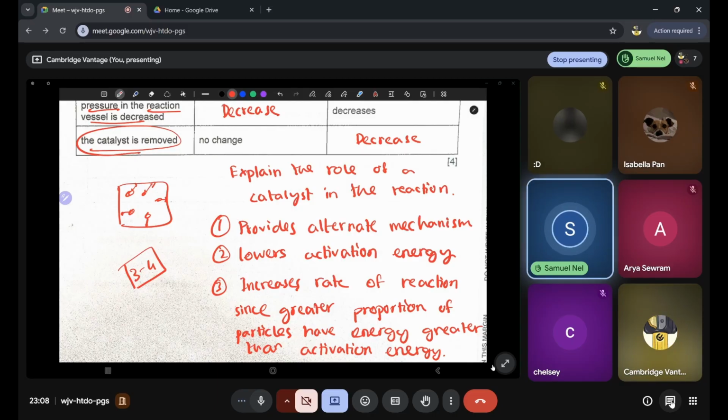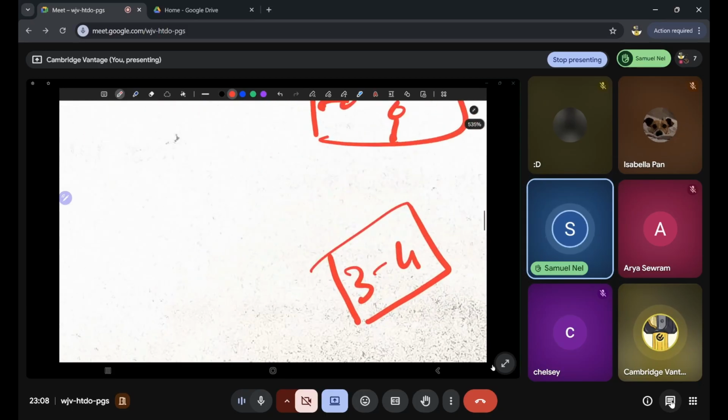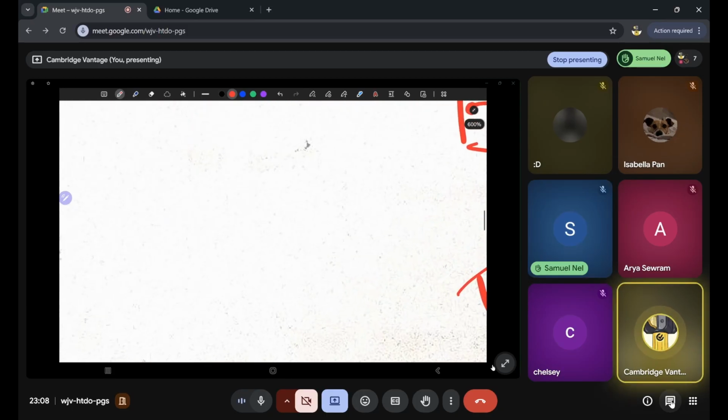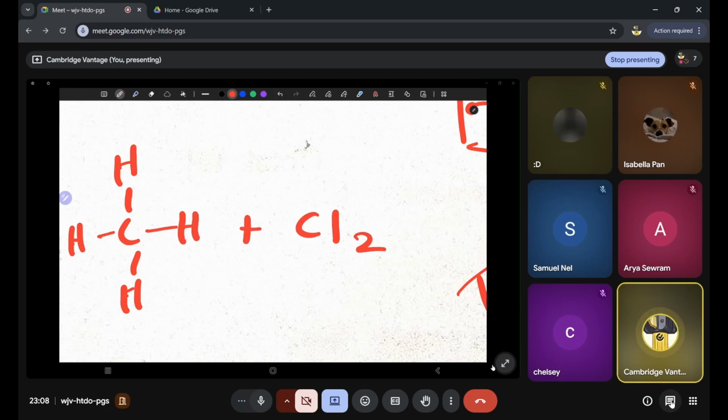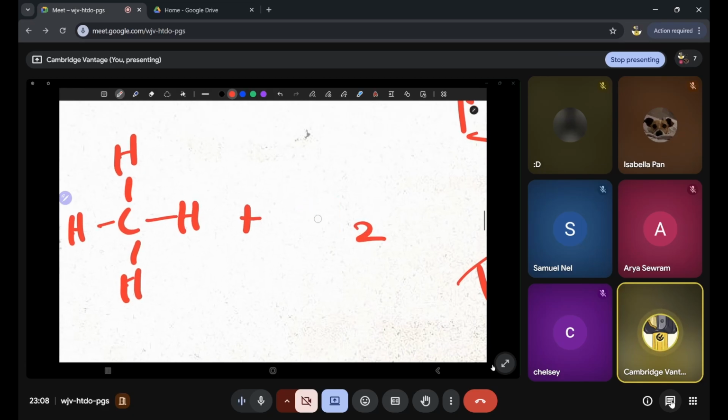What do you mean by provides alternate mechanism? Each reaction, when it occurs, it's not like it just directly happens, let's say, methane and chlorine. We know about free radical substitution, and we know that at the end, one of the hydrogens is replaced with a chlorine.